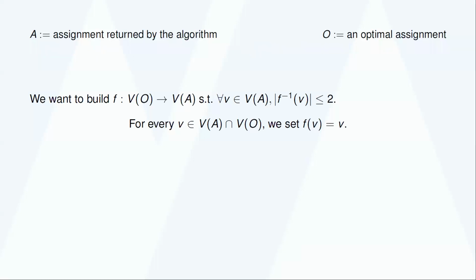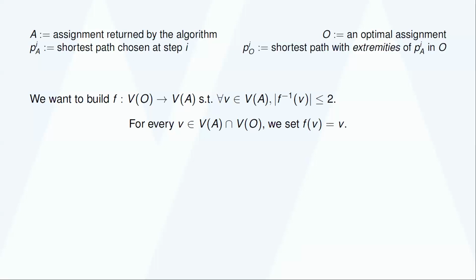First thing, I get confused with all these variants. So first, if you have a vertex that is covered by both solutions, you set F as the identity on those vertices.